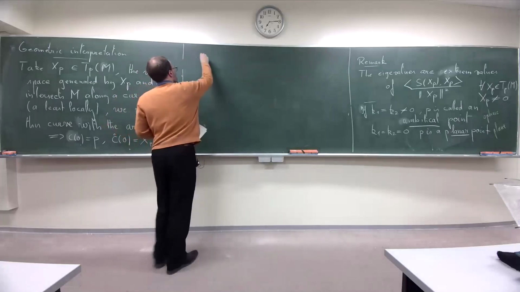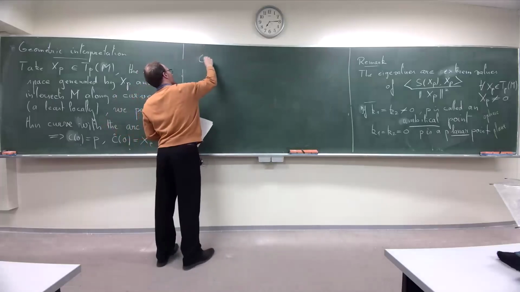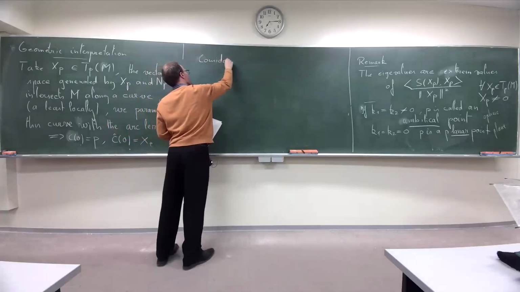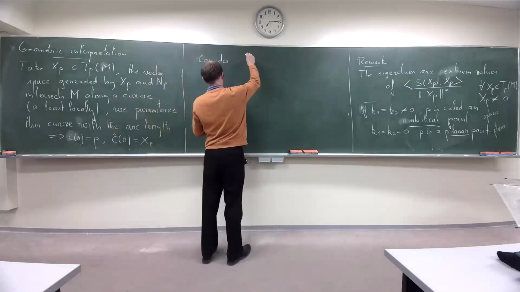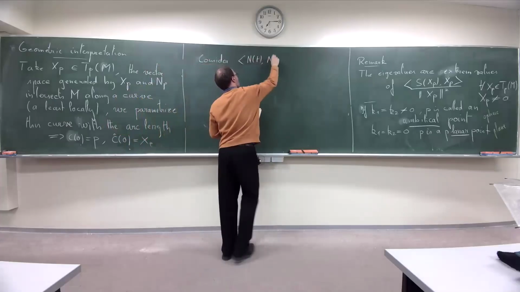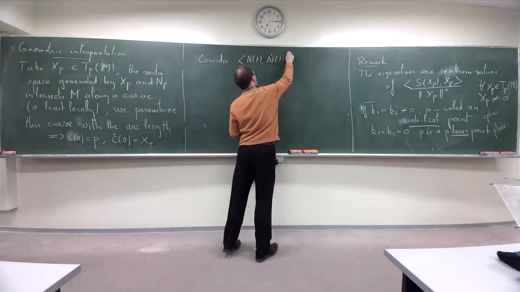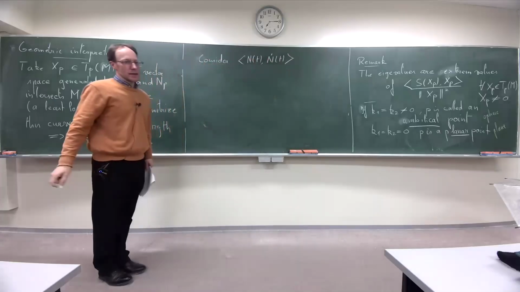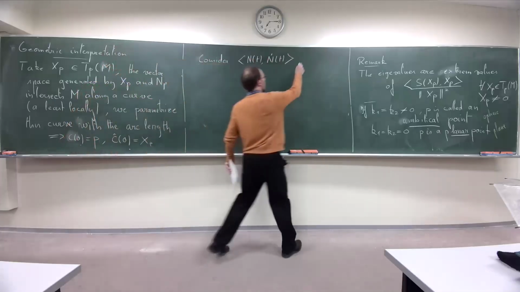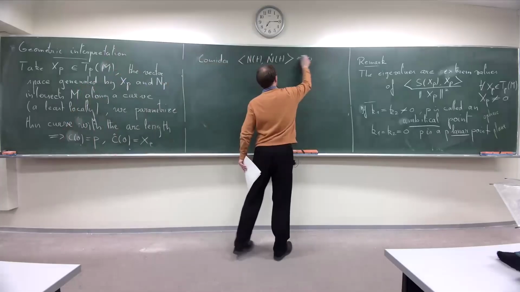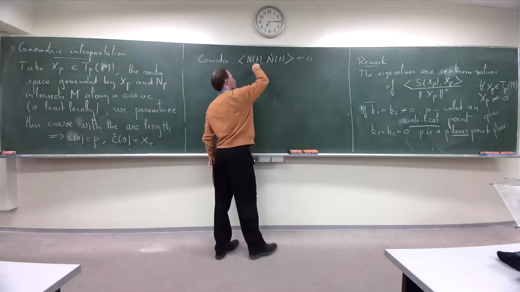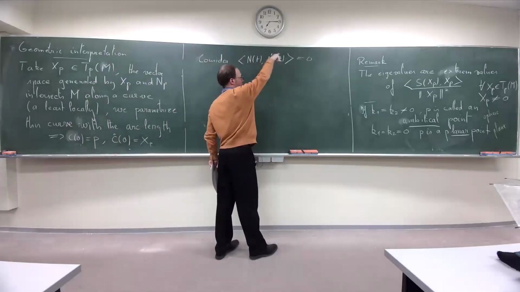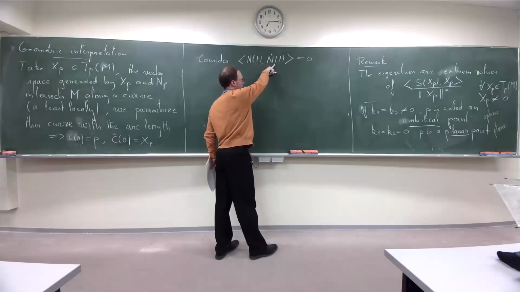Now we consider this scalar product again, n(t) dot c dot(t). You remember, this is 0 because one is perpendicular to the tangent plane at every point. This is inside the tangent plane.